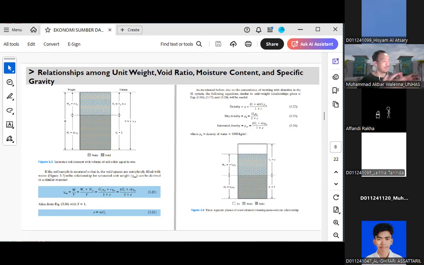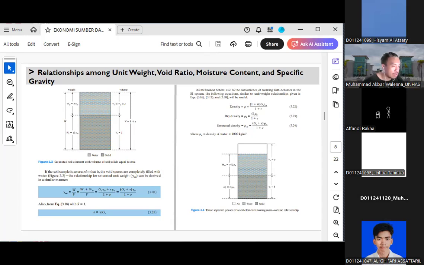So the way we interpret this is that the total volume equals 1 plus the void ratio. That's how we should approach it.